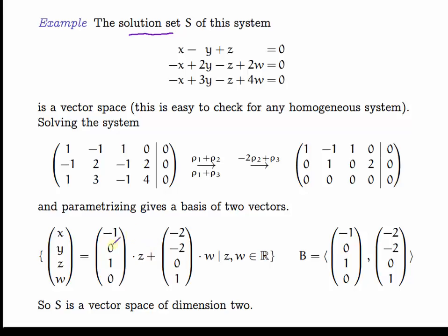So these two vectors that parameterize the solution space form a basis. So this is a vector space of dimension 2. Now notice here that we have R4, and when we reduced it, we had two linearly independent conditions. So 4 minus 2, we ended up with a basis of 2 elements. That's going to be true in general.